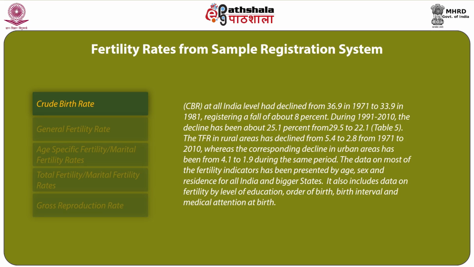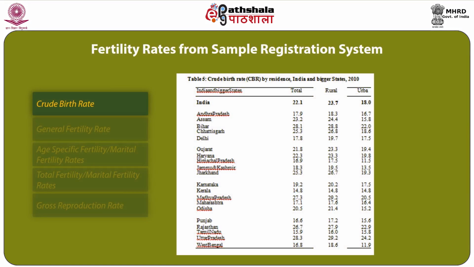It also includes data on fertility by level of education, order of birth, birth interval and medical attention at birth. The table provides the indicators referring to crude birth rate categorized separately for residents, India as a whole and the bigger states for the year 2010.